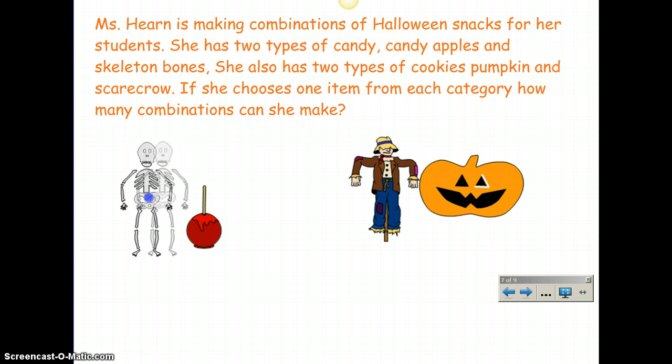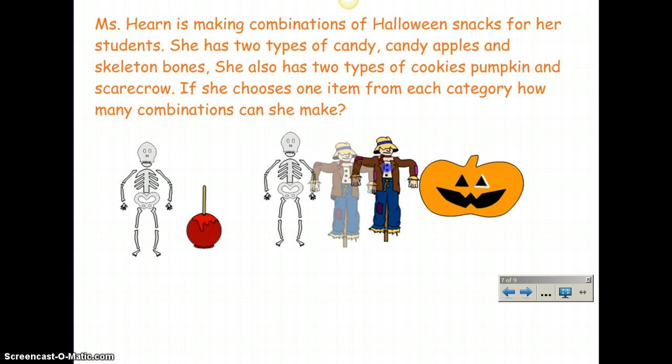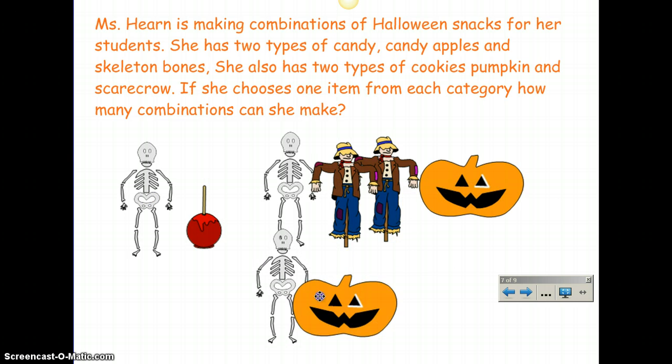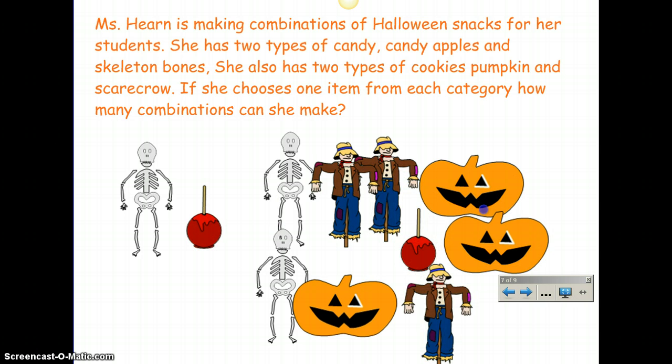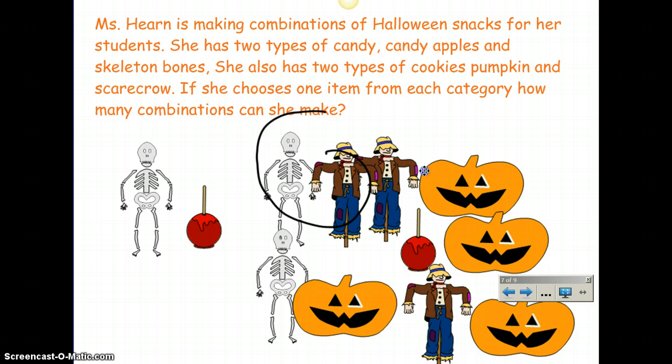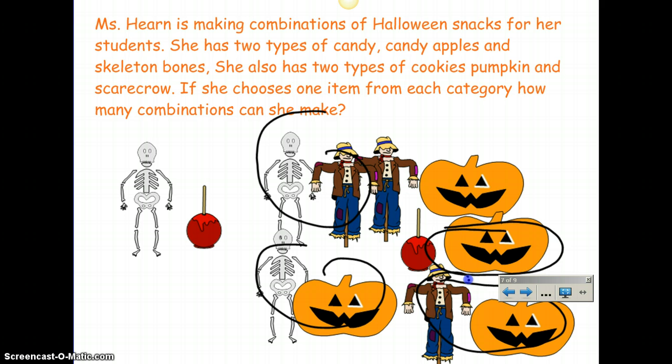So, I'm going to make a skeleton and a scarecrow, a skeleton and a pumpkin cookie, a candy apple and a pumpkin cookie, a skeleton and another pumpkin cookie. Now I could go and count all my combinations. I've got 1, 2, 3, 4.